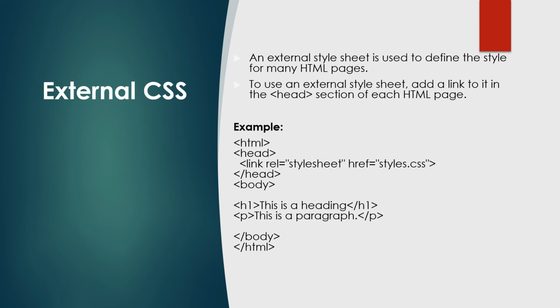Here is the example of external CSS. In this, a link tag is used within the head section with the attributes rel, relationship, set to stylesheet, and href, hypertext reference, set to styles.css.